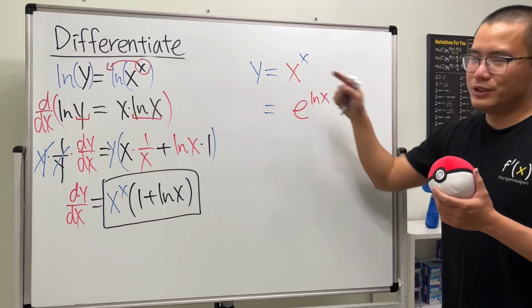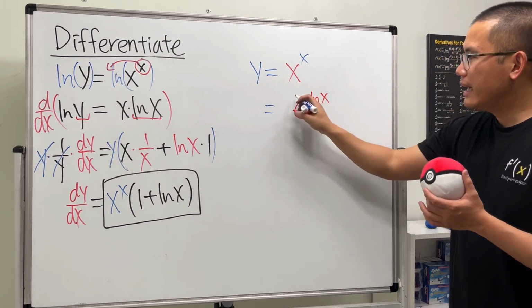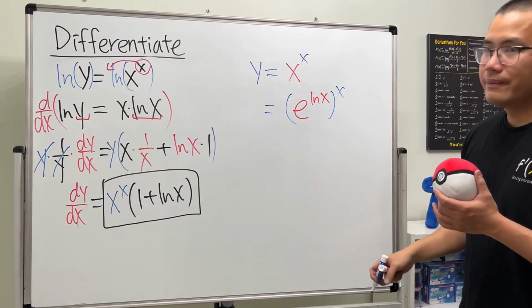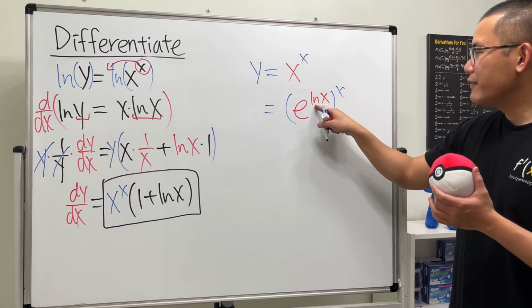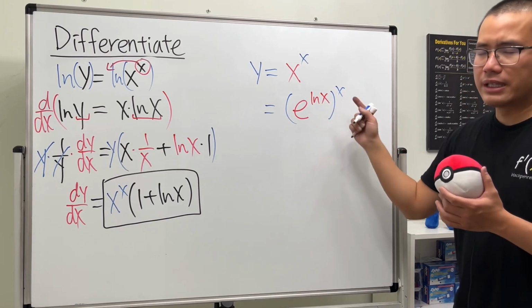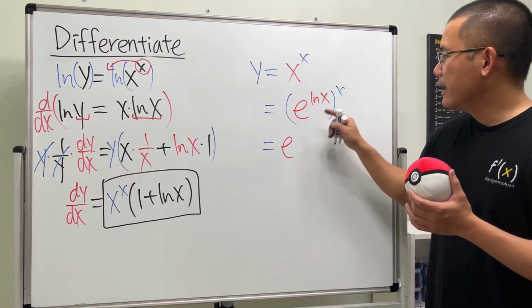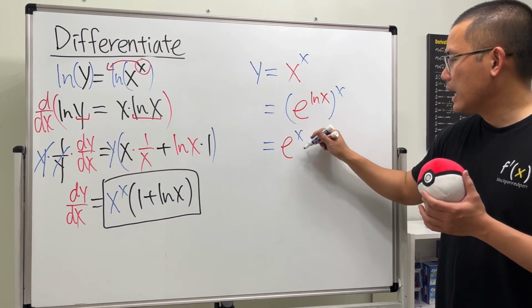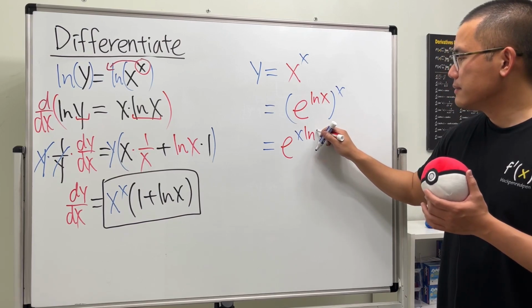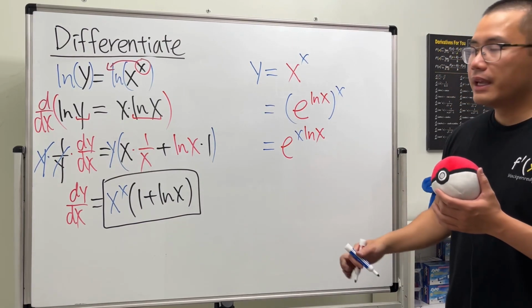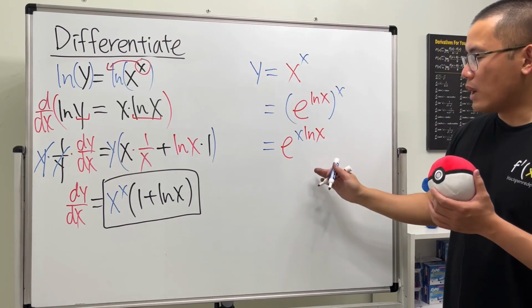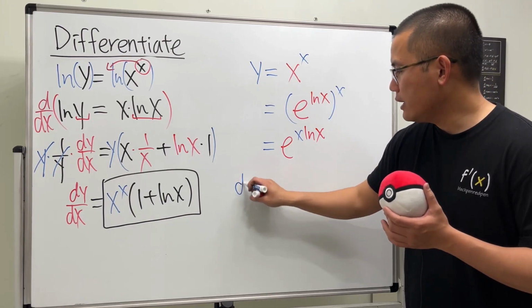They cancel, we still get the x. And then we raise that to the x power, and when we have this power to that power, we can just multiply the powers. So this right here becomes base e, and then x times ln x. Keep in mind though, this is just the y, and now we can find the dy/dx.